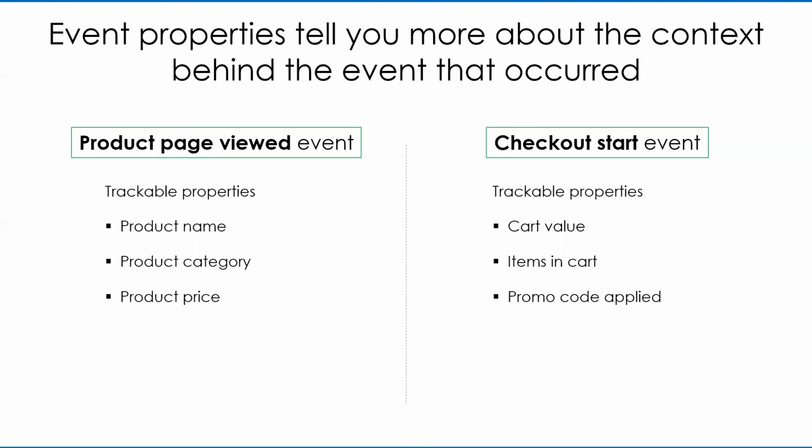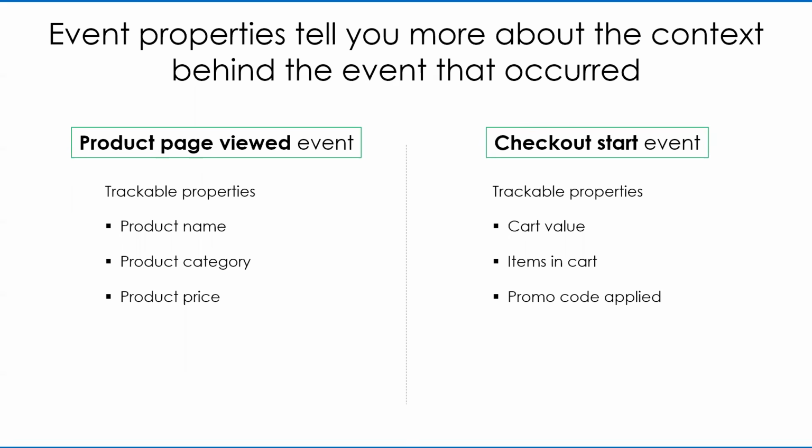And you can find out more details about that through the product name, product category, and product price. And what this would allow us to do is aggregate the information. So I can go into my analytics tool and look at how many people viewed a product where the category was TV, which might be a lot more useful for me than just seeing how many people viewed the Samsung 55-inch TV.